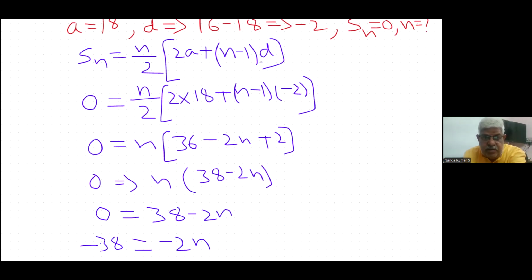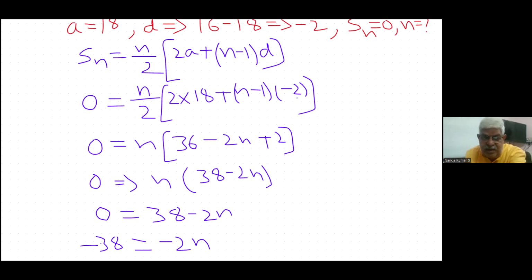n by 2 into 2 into 18 plus n minus 1 multiplied by negative 2, equals 0. First I shifted 2 to the right hand side. 0 into anything is 0. Next, n is taken as it is. 18 times 2 is 36. Minus into plus is minus 2n. Minus into minus is plus 2.